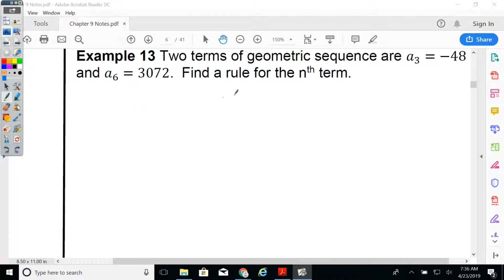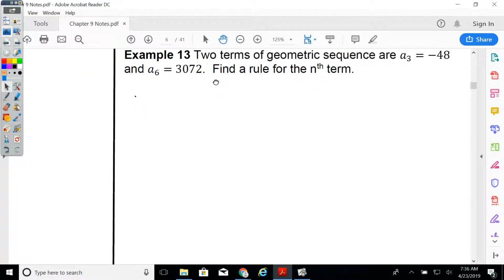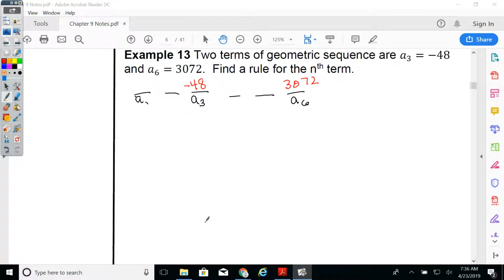So again, if you want to set it up, let me zoom out a little bit because we're going to need that space. So A1, A2, A3, A4, A5, A6. They give us that the third number in the sequence is -48, and the sixth number in the sequence is 3072.